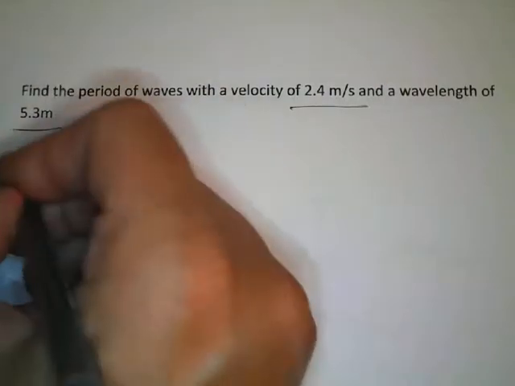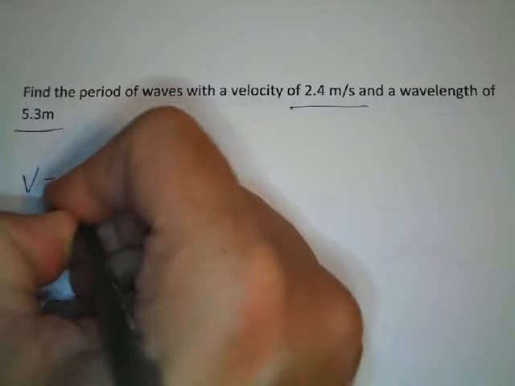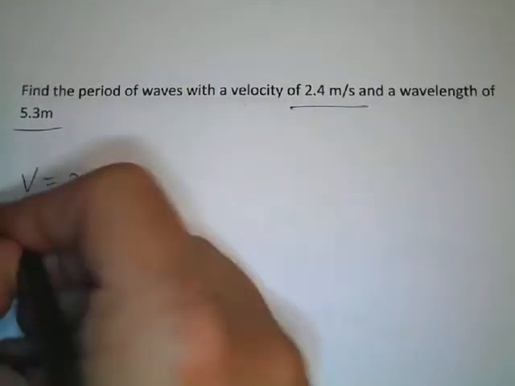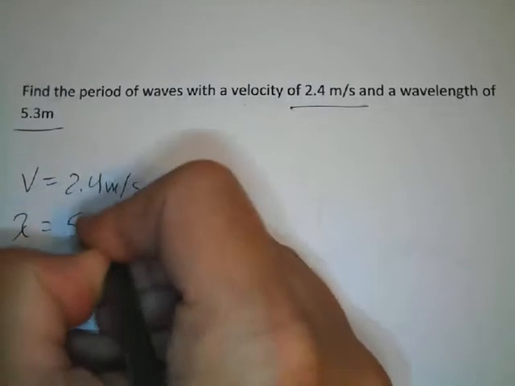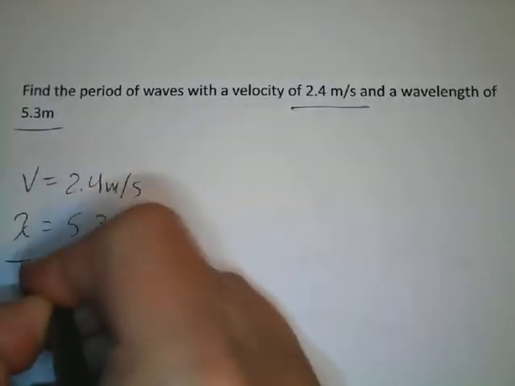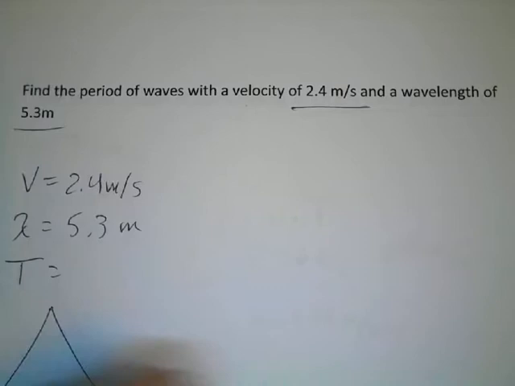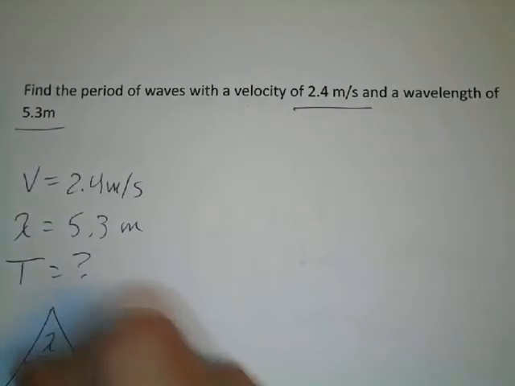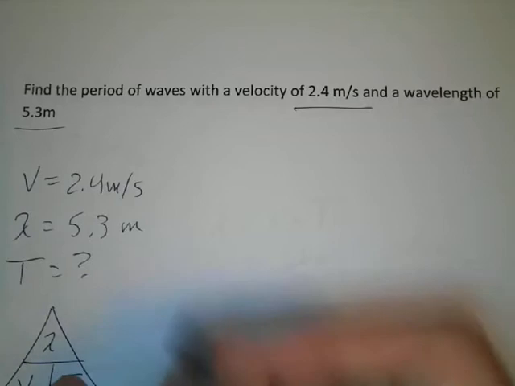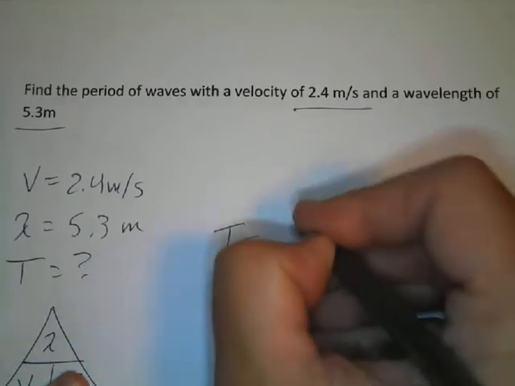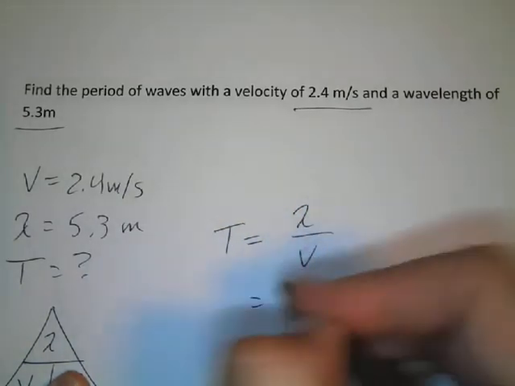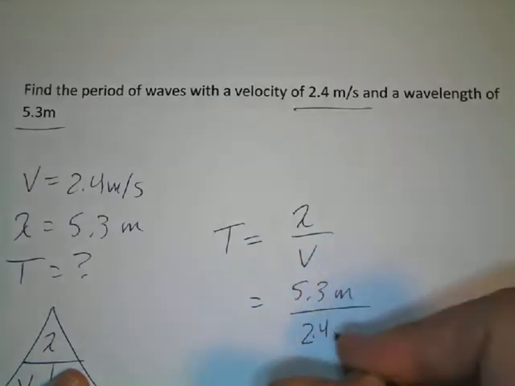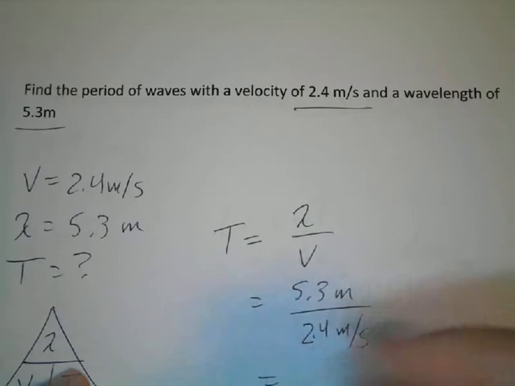And like I've said, we're using the second equation to find the period. So period is equal to lambda over v. Lambda is 5.3 meters. v is 2.4 meters per second. So I end up with 2.21 seconds per wave. It's a long wave.